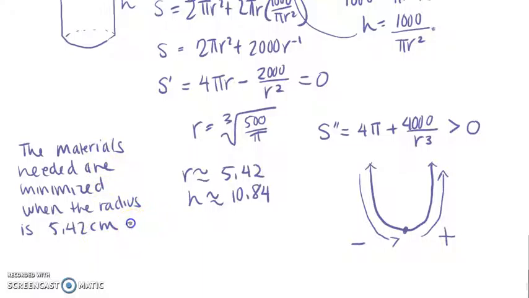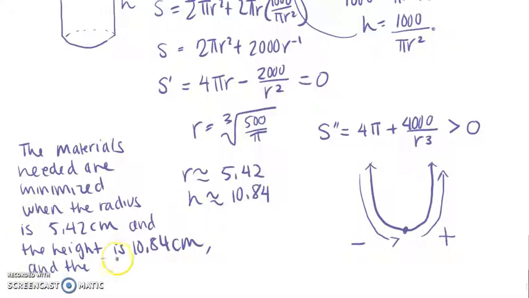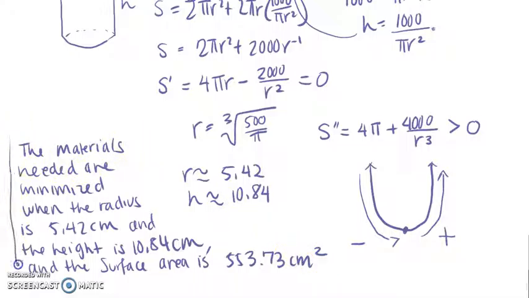That's very important. And the height is 10.84 centimeters. And the surface area is 553.73 centimeters squared. Area is always squared, don't forget that. So that is our answer right there.